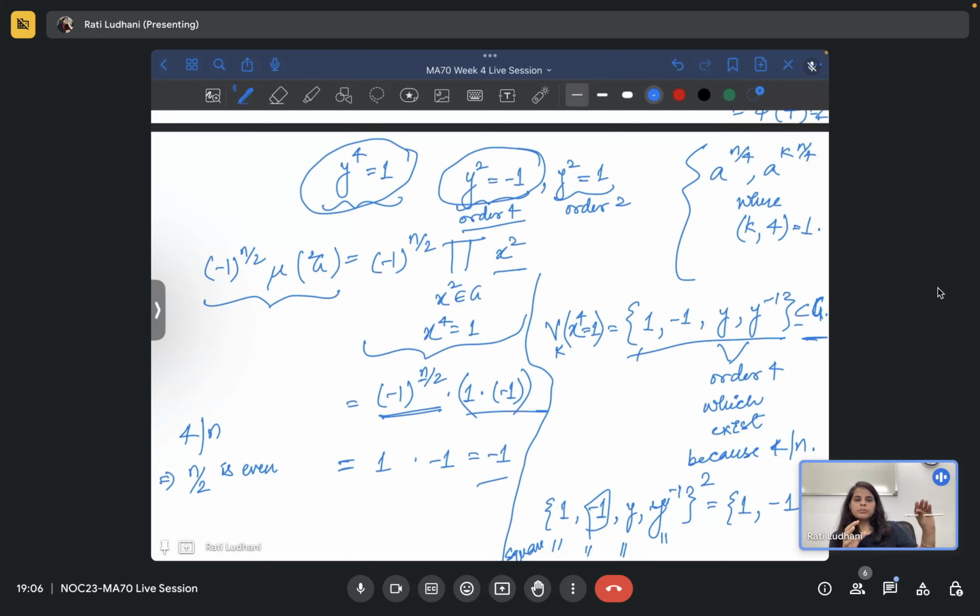So there will be 2 elements whose square is 1, and there will be 2 elements whose square is minus 1. So then you again square it up, it will become 1. So the order of these 2 elements is 4.